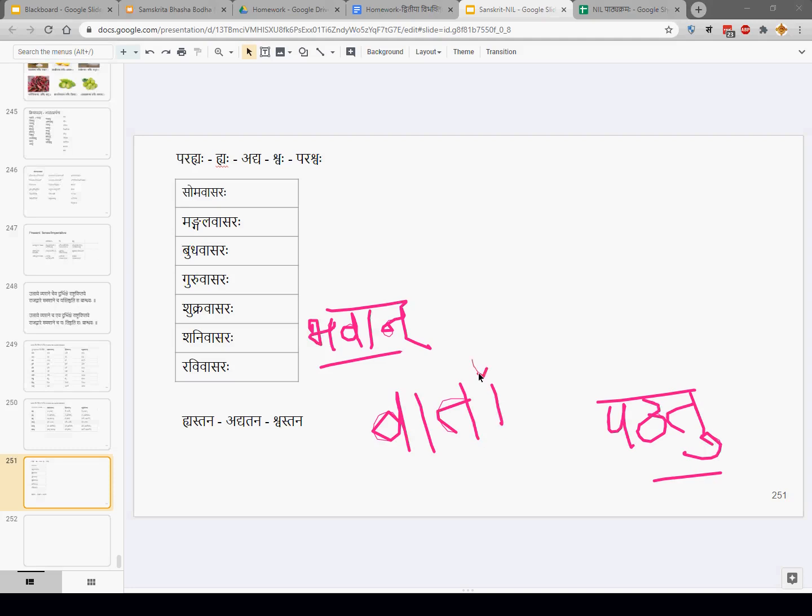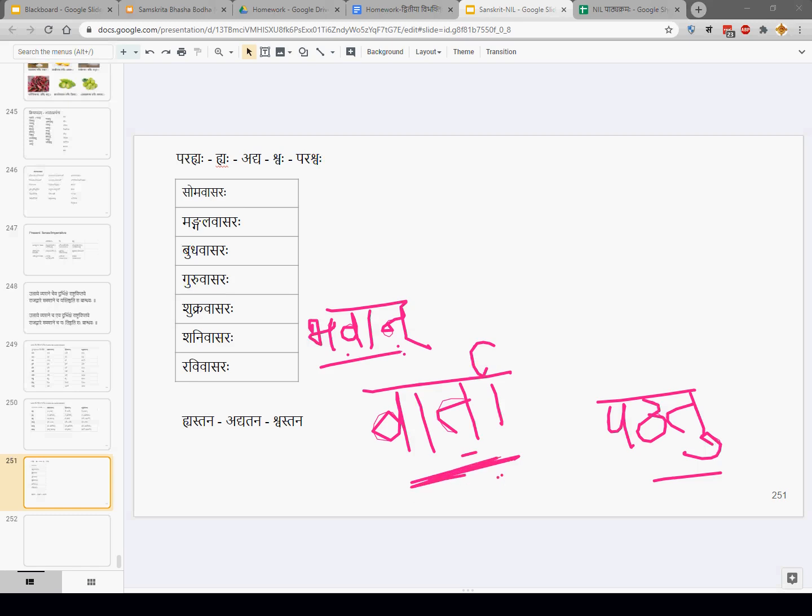Now this Varta is not doing the reading work here. Bhavan is reading, so Bhavan is in the Prathama Vibhakti. And Varta is the object here, right? Like Bhavan Pustakam Pathatu. Similarly, this has to be in the Dvitiya Vibhakti, object. Bhavan Kim Pathatu.